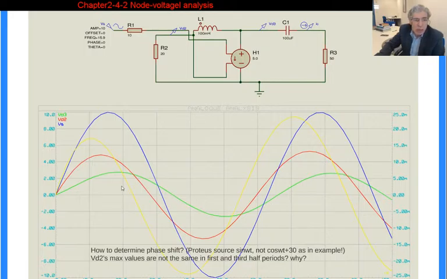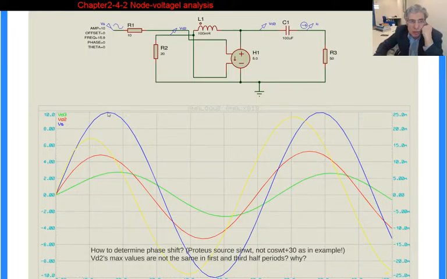Why am I saying their phases are changing? Because they are all shifted sinusoidal functions, aren't they? So that gives you the idea that we found the particular solution, sinusoidal functions only. You could check that all these sinusoidal functions have the same frequencies. How are you going to check it?